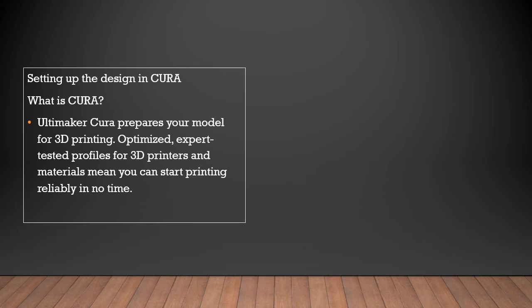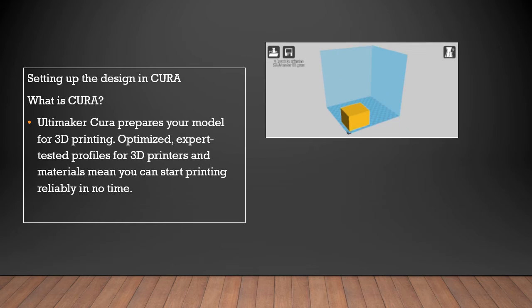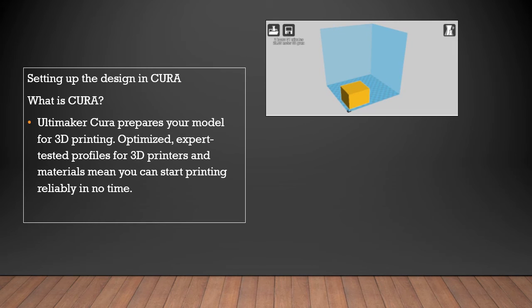So, how do you generate the G-code? It is very simple. There is an online available platform called Ultimaker Cura. It is free of cost. You can download it. What happens in the Cura software is you just simply drag in your .stl file.